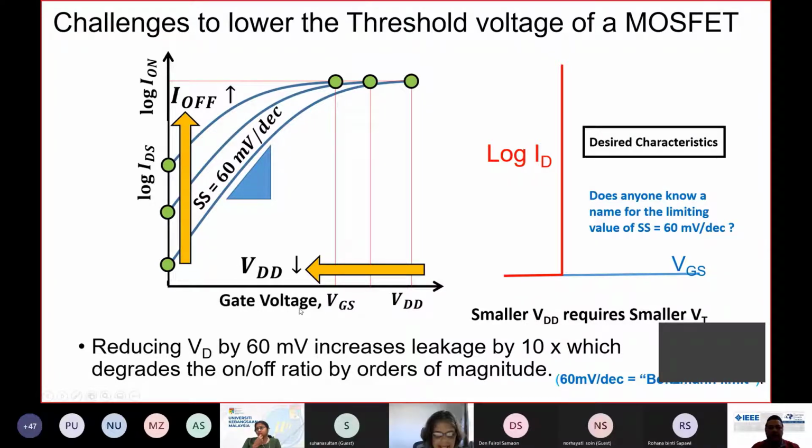What that means is that reducing this gate voltage by 60 millivolts increases the current 10 times, and that reduces the on-off ratio. And that is not good for the device because it means it cannot drive that many layers of CMOS, or the fan out goes down.